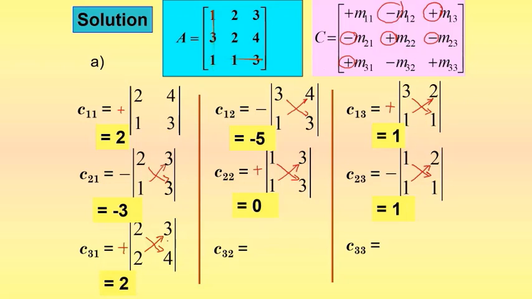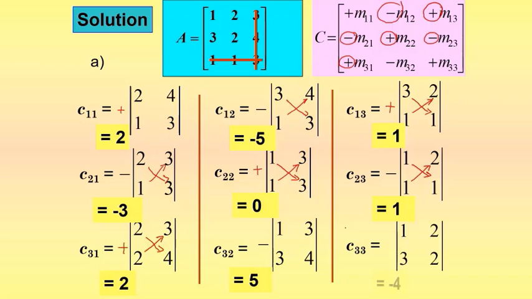So we have 2. So C32, eliminate the third row, second column. Okay, so the remaining numbers or entries 1, 3, 3, 4. Okay, so we have 5. C33, eliminating the third row, third column. So we have negative 4.